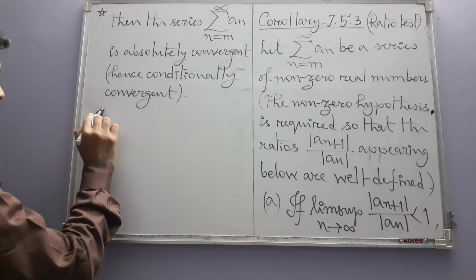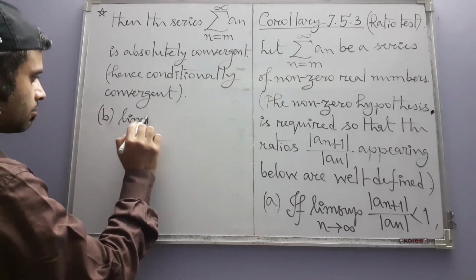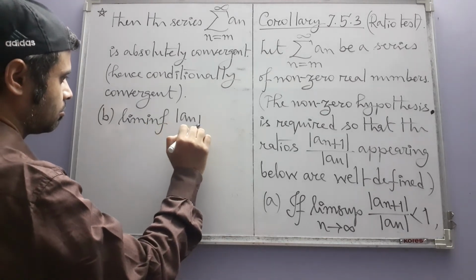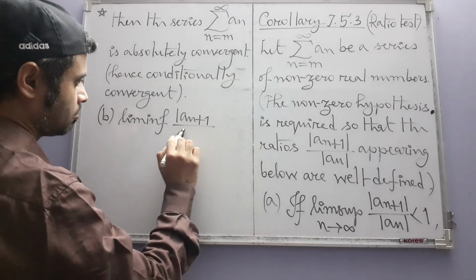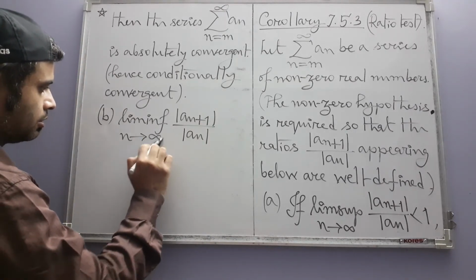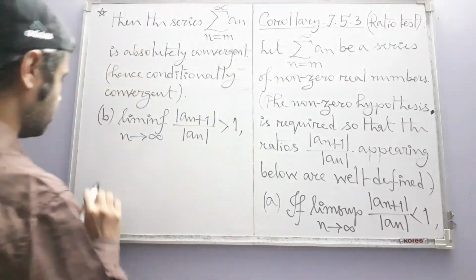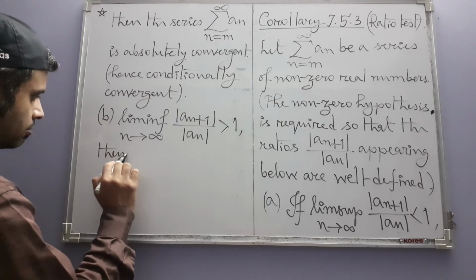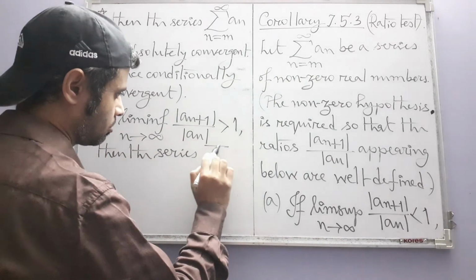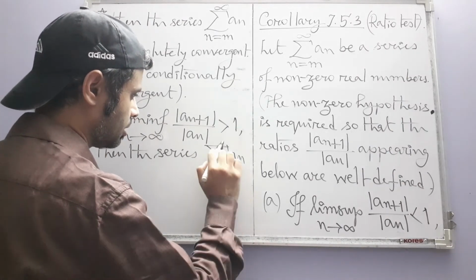If, on the other hand, the limit inferior of these quantities is greater than 1, then our series is divergent, and hence cannot be absolutely convergent.